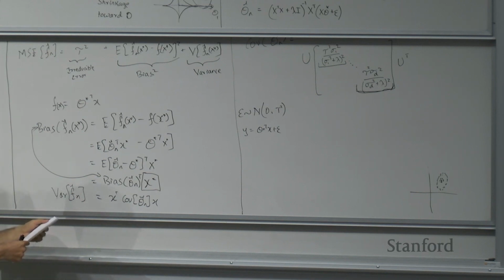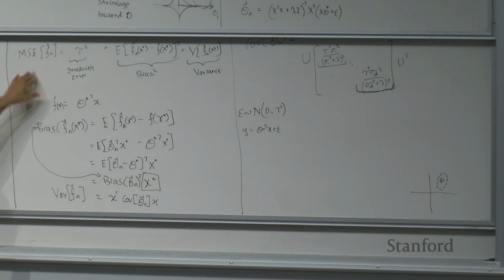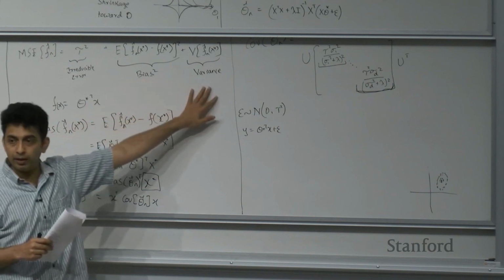I guess the larger takeaway from this is that even beyond regularization, in machine learning, as I said before, what we care about is reducing the mean squared error, right? And if we want to reduce mean squared error, we want to take some action that either addresses bias or addresses variance.